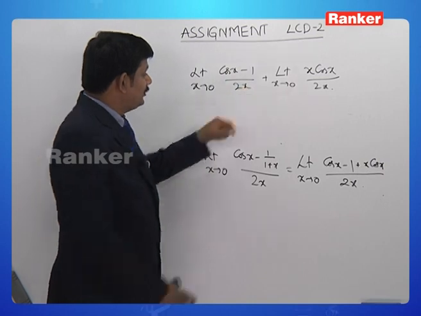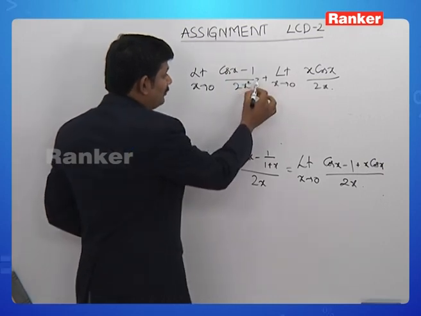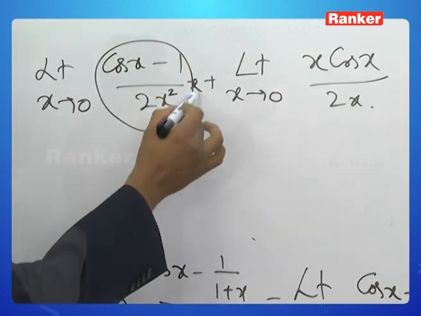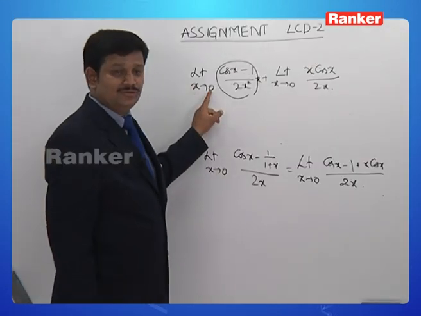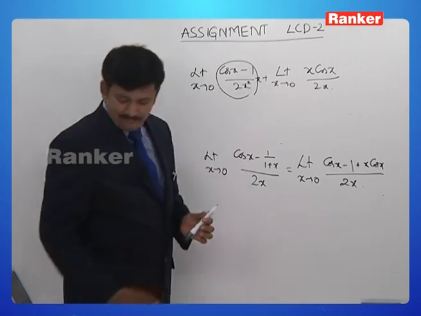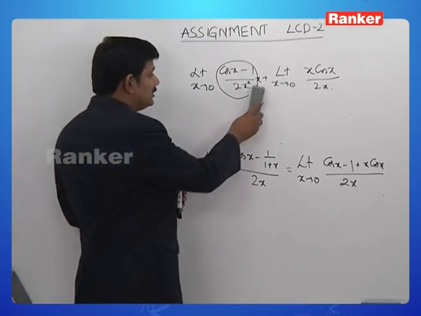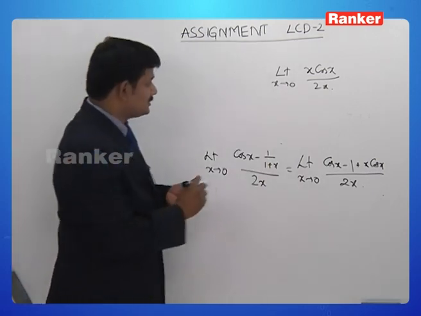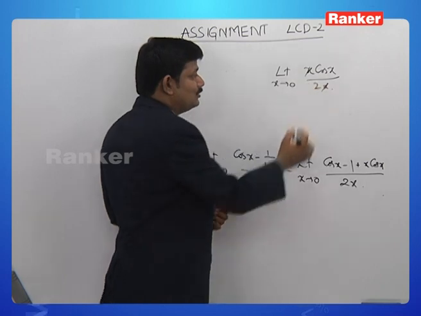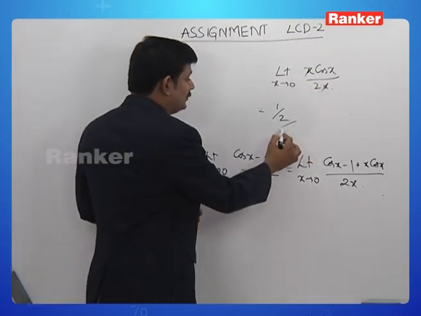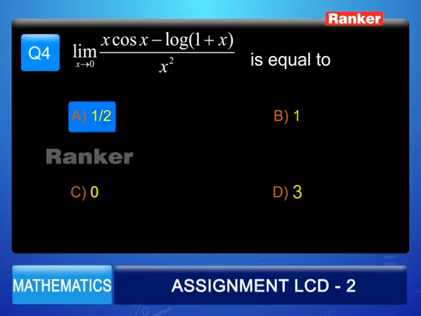So because we have only x here, multiplying and dividing by x, this is a non-zero finite number multiplied by some number tending to 0, so this limit is going to be 0. So we are only left with a small limit, limit x tends to 0 of x cos x by 2x, x and x get cancelled, and as x tends to 0, cos x is 1. So this limit is going to be half. So our answer is half, that is option A.